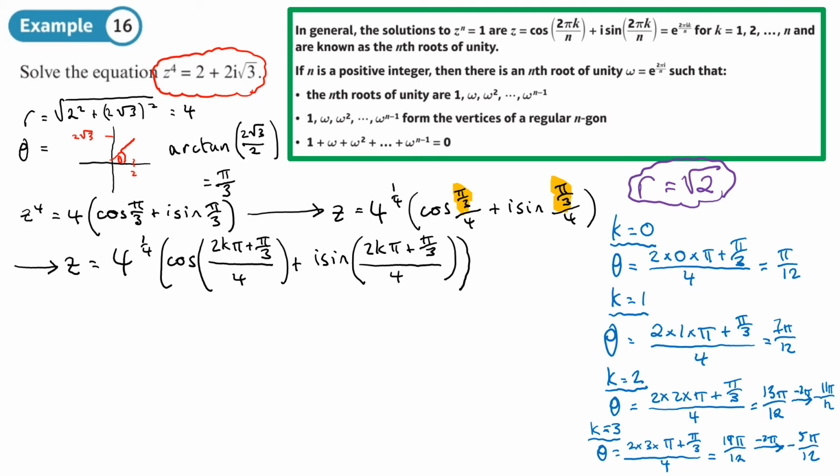So I'm going to highlight, these are my arguments here, 1, 2, 3, 4, and here's my modulus. So I'm ready to write my answers down with a pen rather than a highlighter. So my answers.